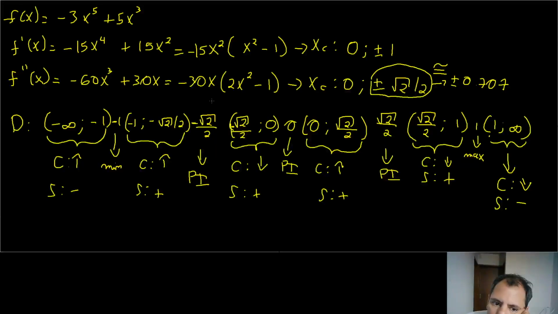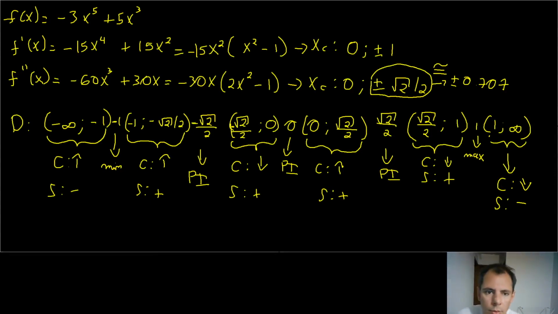Yeah, that's strange. Well, 1 times minus 60 plus 30, which is minus 30. Okay, so I said that in order to be a maximum, the second derivative at 1 has to be negative. And it is negative.